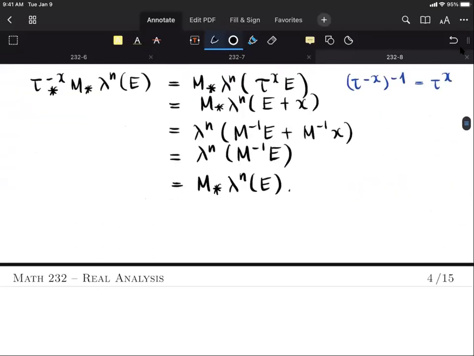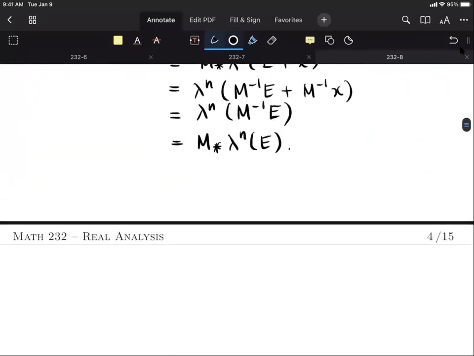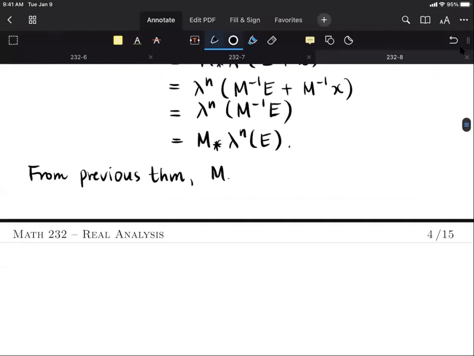Okay, now according to the previous theorem, since M star lambda n is translation invariant, I can write this as A lambda n.